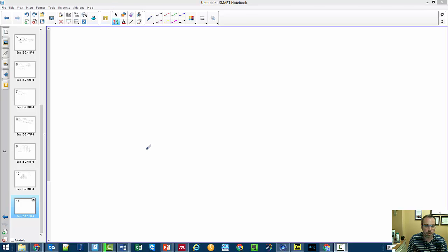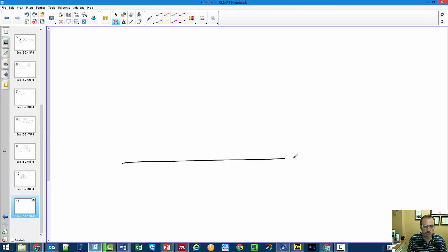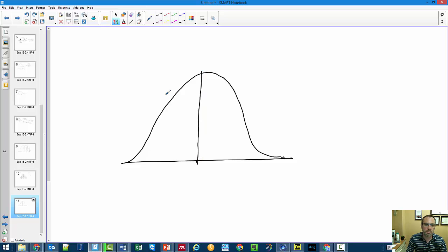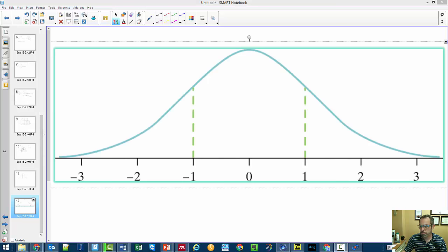All right, the next thing we're going to take a look at with the standard deviation, again a little bit of review from something we started to cover in Chapter 2, is this normal distribution. Let me pause this for a second. All right, that's a little bit better drawing than what I can do.